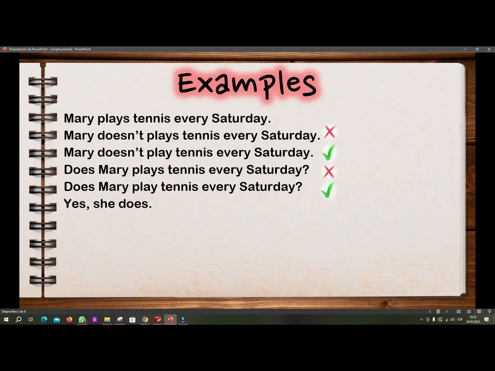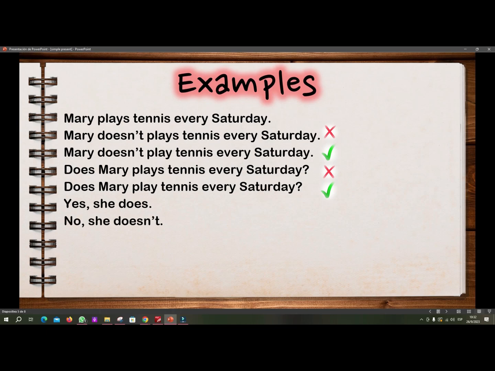So, the answer will be yes, she does. Recuerden que esta es una pregunta de sí, no. Por lo tanto, necesitamos respuestas cortas. En este caso, yes, she, ¿verdad? Estamos representando Mary o escriben Mary también. Pueden utilizarlo de esa forma. Y vamos a utilizar el auxiliar does cuando sea afirmativa.